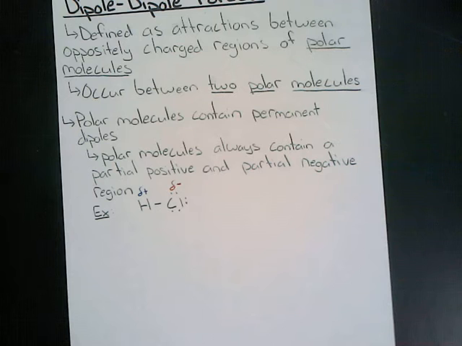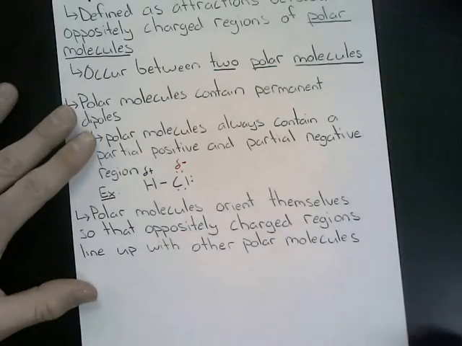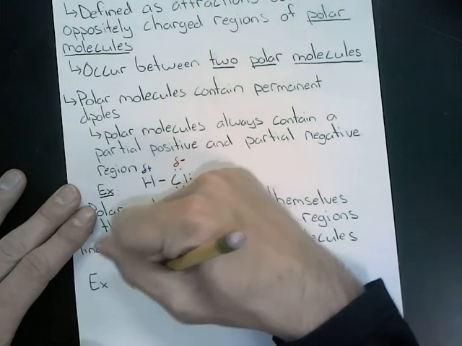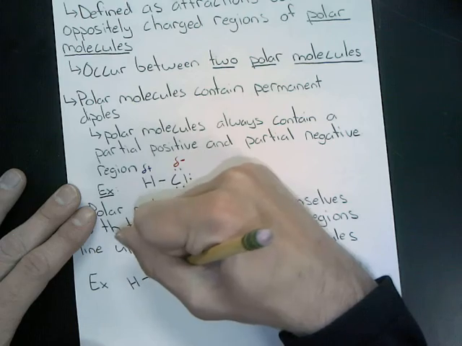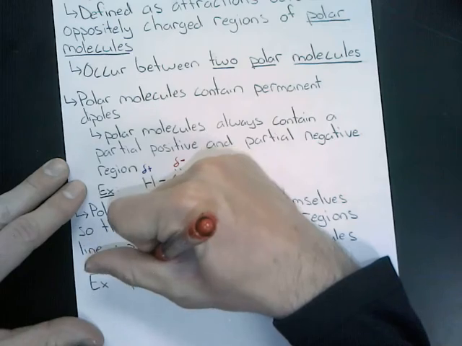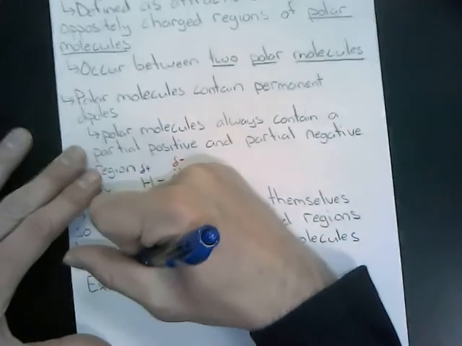Now, we also have to remember that polar molecules orientate themselves so that oppositely charged regions line up with other polar molecules. So now let's say we have a bunch of hydrochloric acid molecules here, and we would have this occur. We would have our H and Cl, and remember the Cl has the partial negative charge and the H has a partial positive charge.